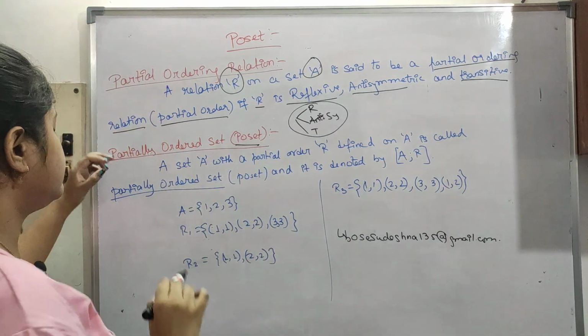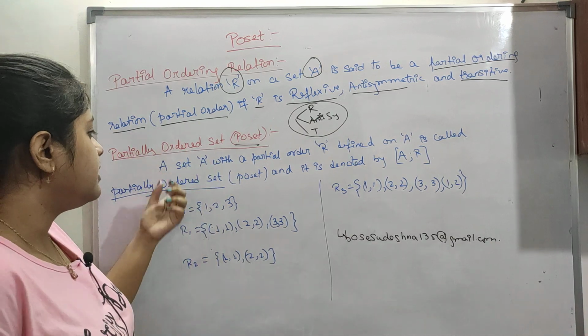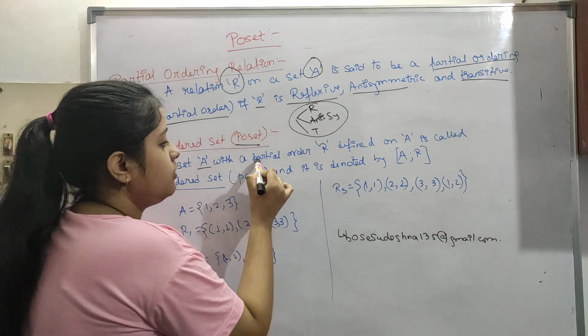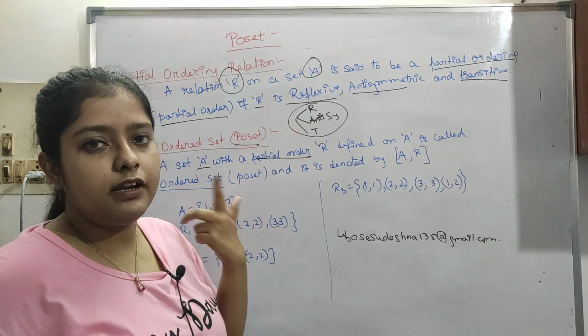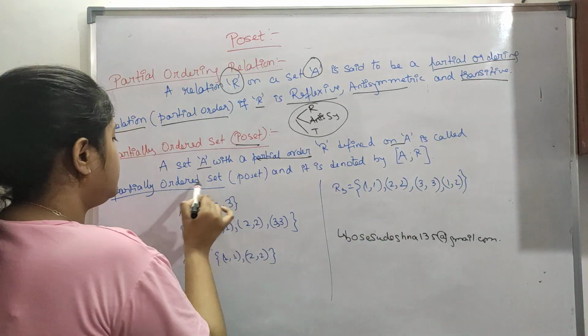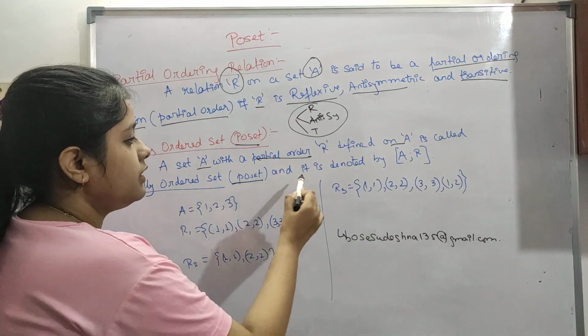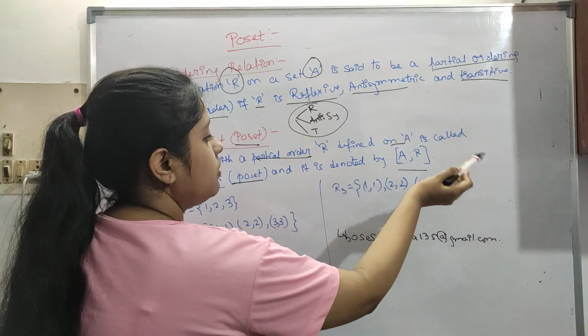Poset is taken from partially ordered set. So what is this? A set A with a partial order. This partial order we have already seen: it has to be reflexive, antisymmetric and transitive. R defined on A is called a partially ordered set, or poset, and it is denoted by (A; R).